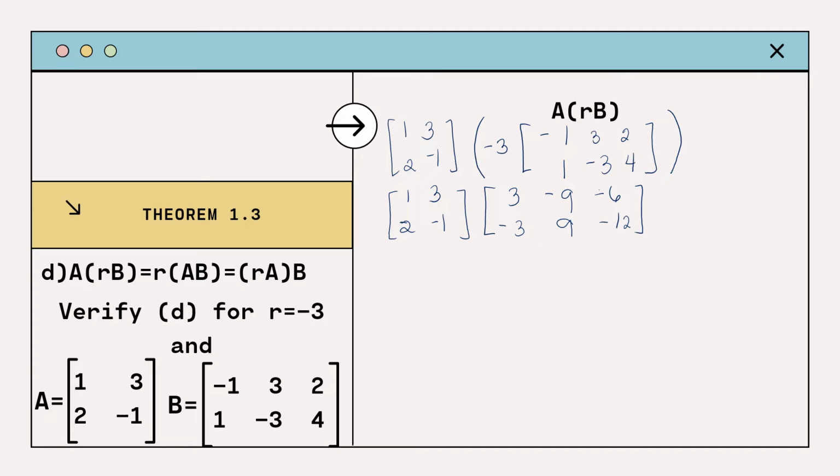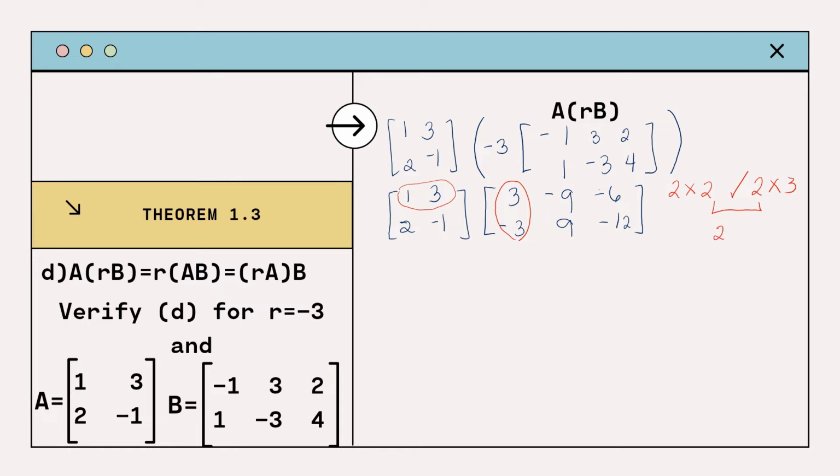This time, we are going to multiply the row to the column. But before we go on, let us check first if it is possible to multiply them. So we have a 2 by 2 matrix times 2 by 3. Possible.